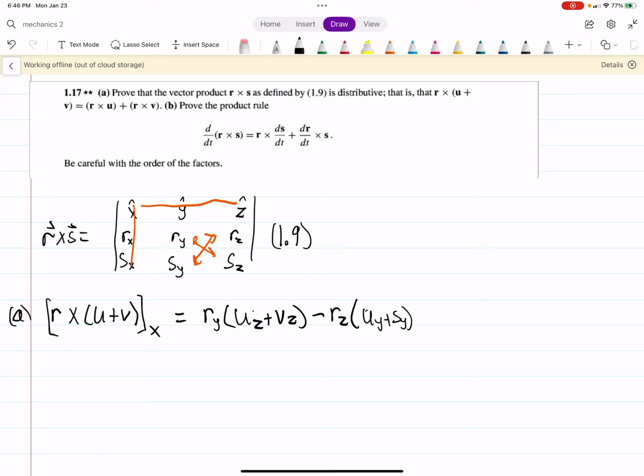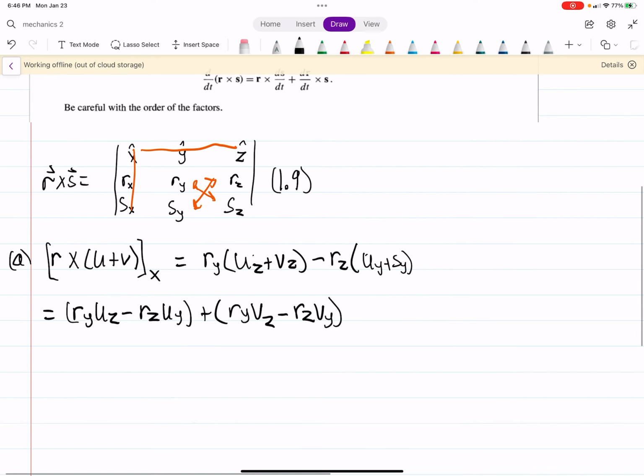So that's just the determinant. And then we can reorganize this as Ry Uz minus Rz Uy. So that's part of it. And then plus Ry Vz minus Rz Vy.